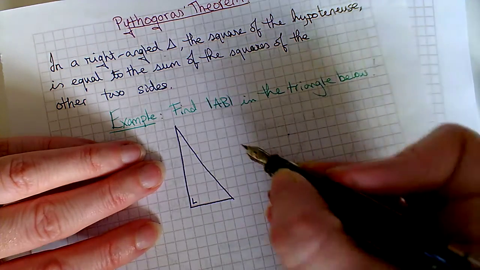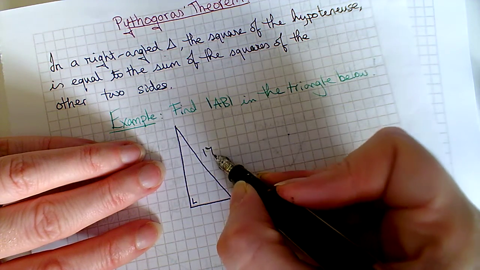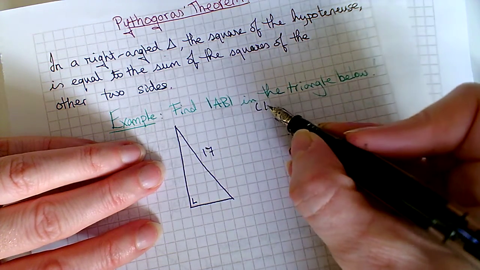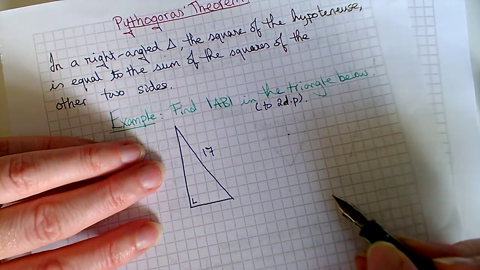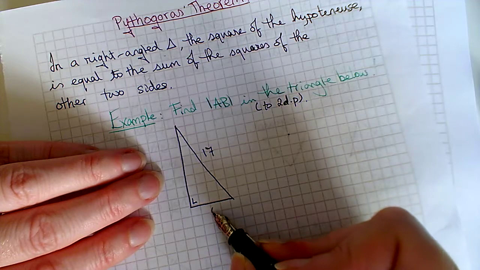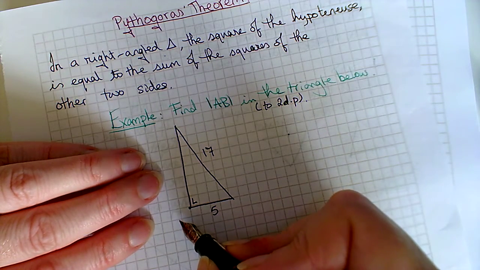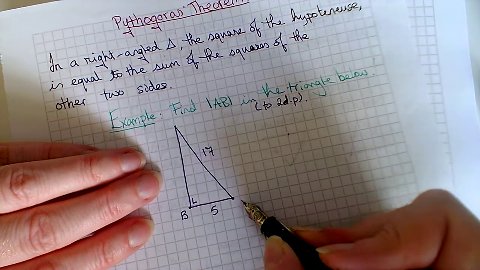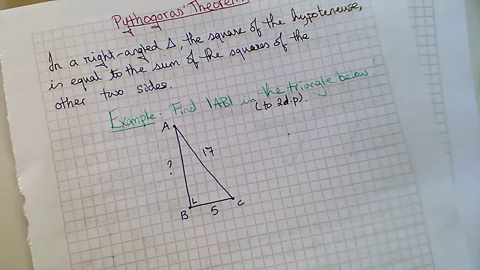There's my right angle. I'm going to say that this is 17. I'm going to give our answer to 2 decimal places. I'm going to get a decimal in my answer. And I'll say that this is 5. And this is AB. So this is the side that I don't know.